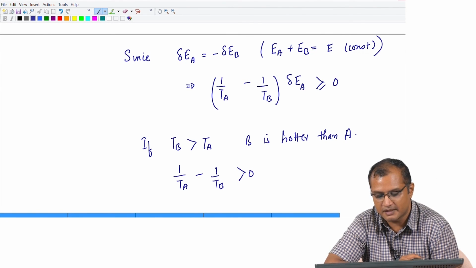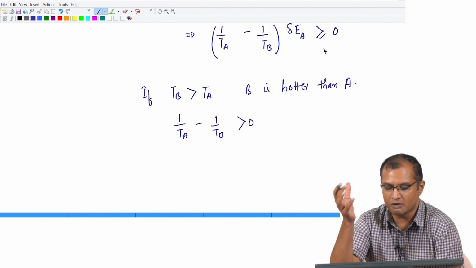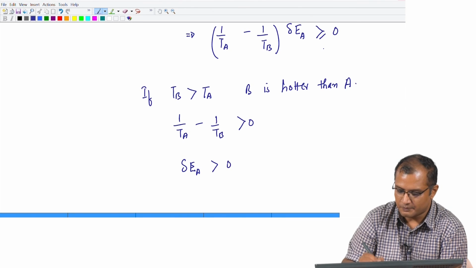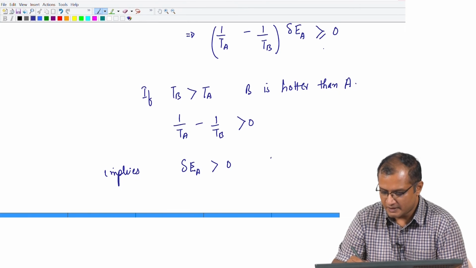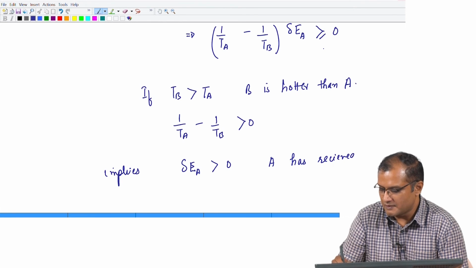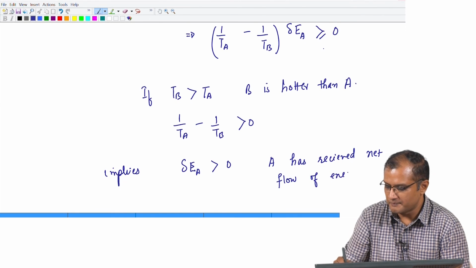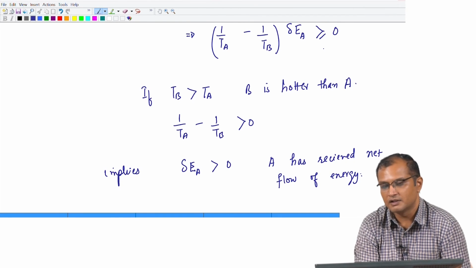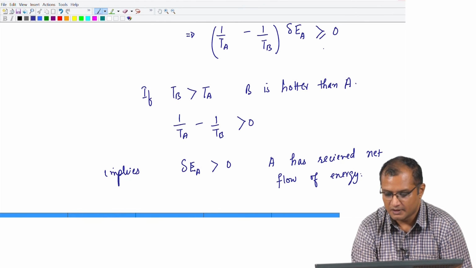To make the overall quantity positive, I want delta E A to also be greater than 0. What does this mean? It means your object A has received a net flow of energy, which is expected because B was hotter than A. You cannot have a hot body taking a net flow of energy from a cooler body; that is not possible.